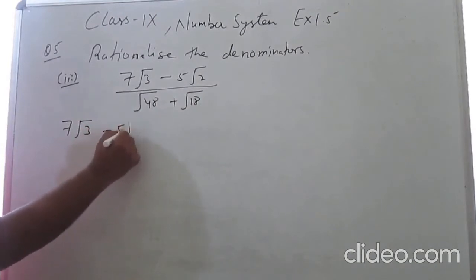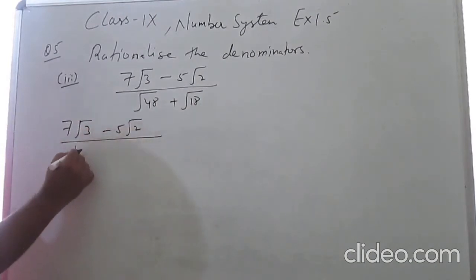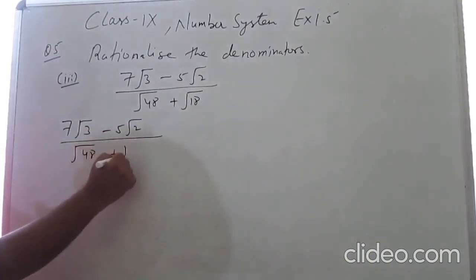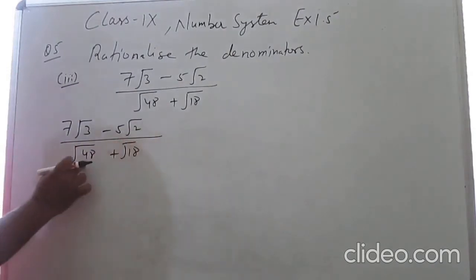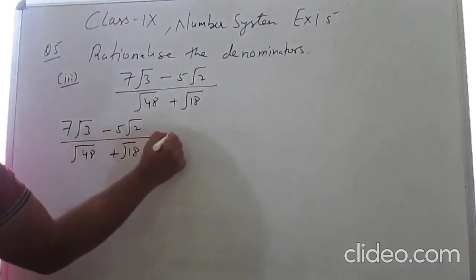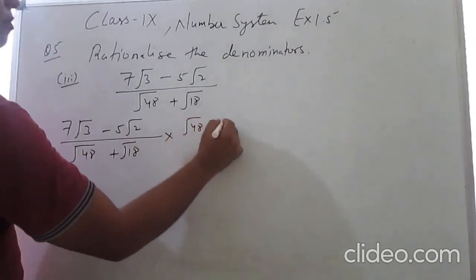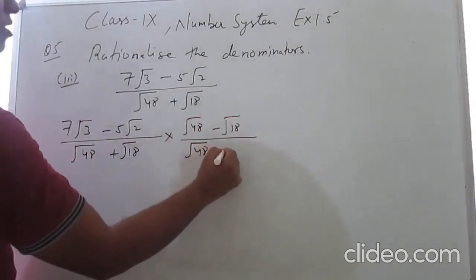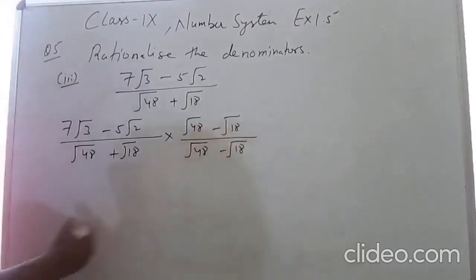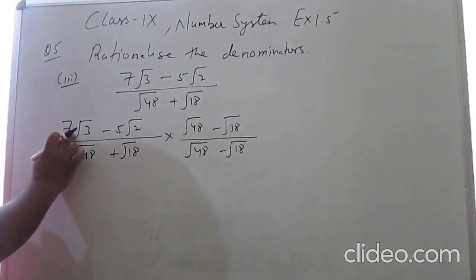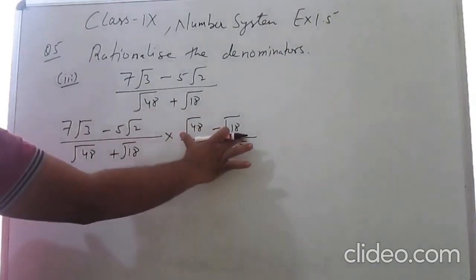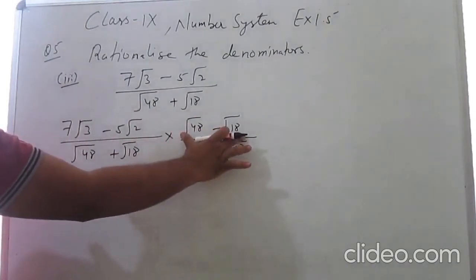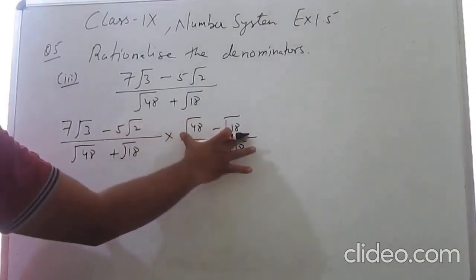7 root 3 minus 5 root 2 upon root 48 plus root 18. If you rationalize it, you have to multiply it by root 48 minus root 18. Here you have to multiply 7 root 3 by this number and minus 5 root 2 by this number.